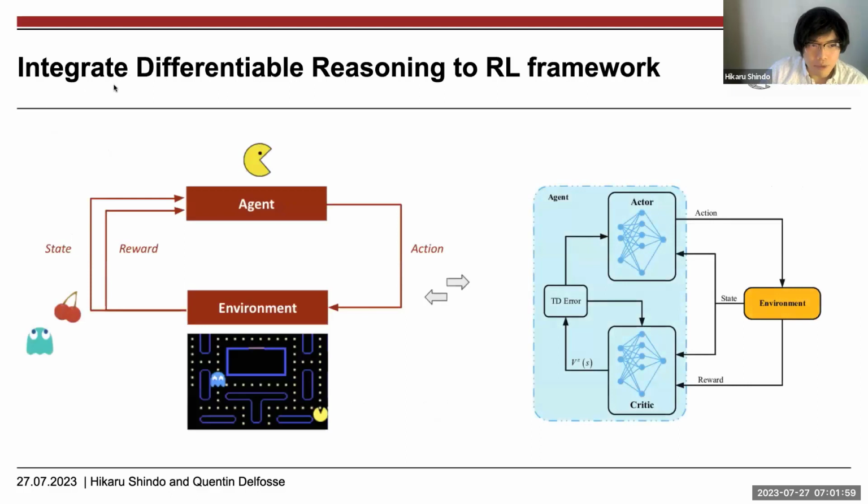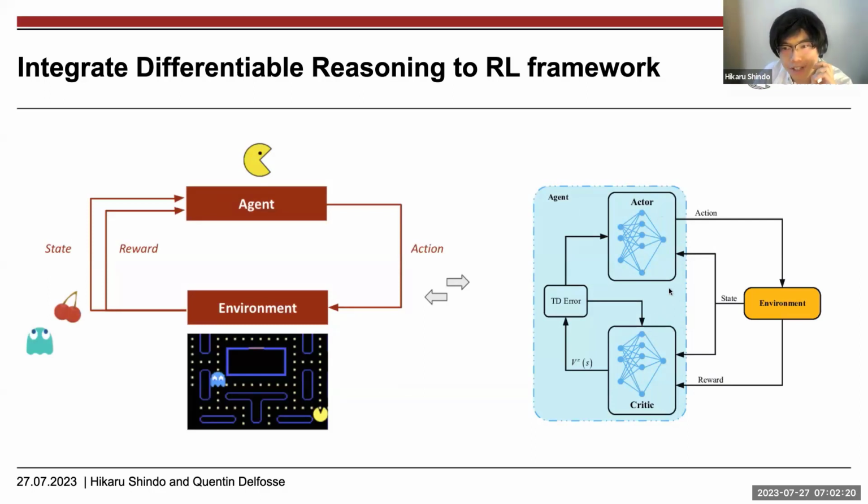In this work, we focused on the actor-critic framework. The agent has two basic components, actor and critic. The actor decides an action, and then the critic evaluates the actor.